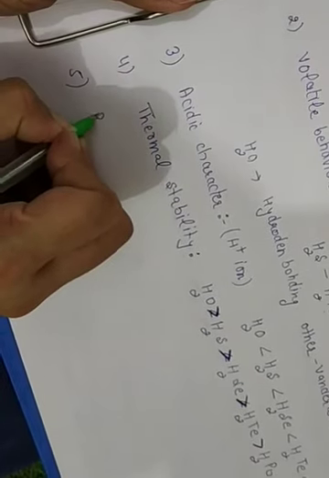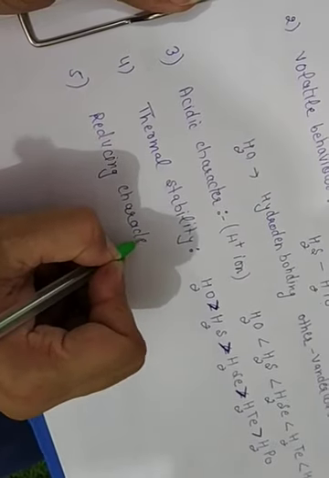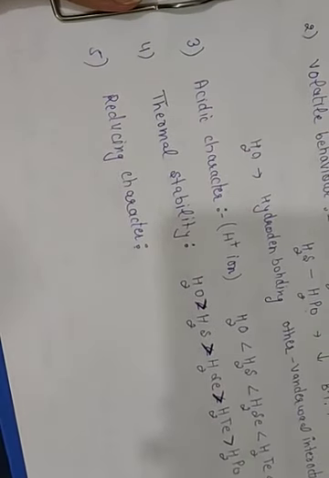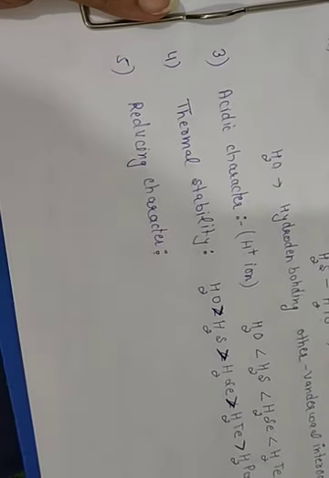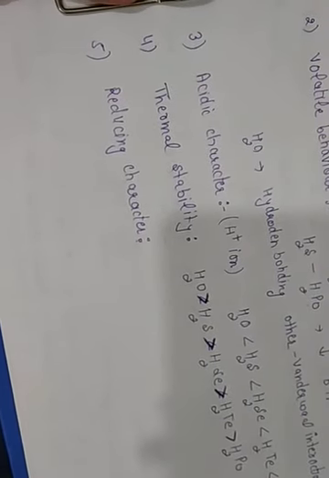Next one is reducing character. Reduction means to provide hydrogen to others, or we can also say reducing character is the capacity to reduce. It means decrease in oxidation state, and in case of polonium, the lower oxidation state is more stable.